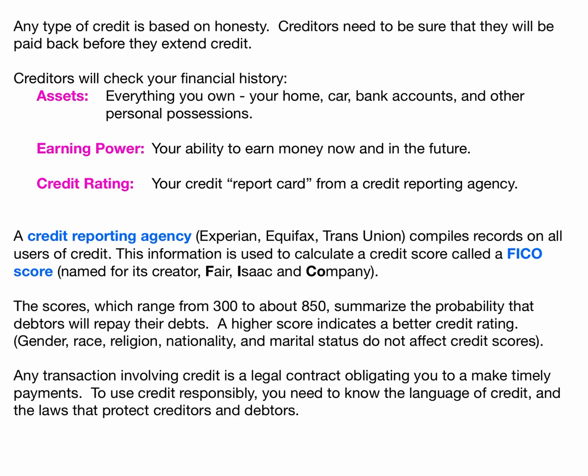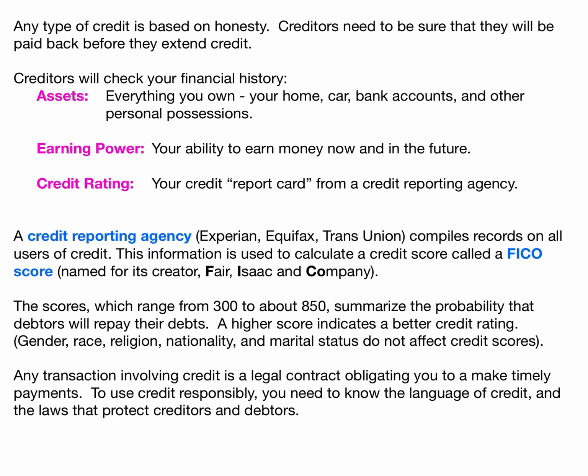In any type of credit transaction, understand that the underlying understanding between the two parties is that there is a level of honesty. Creditors need to be sure that they will be paid back before they extend credit to you. Okay, creditors will check your financial history. There are three different areas. Number one are assets.